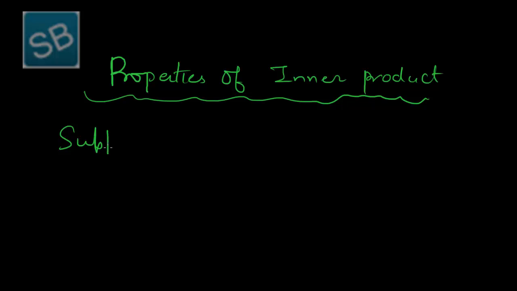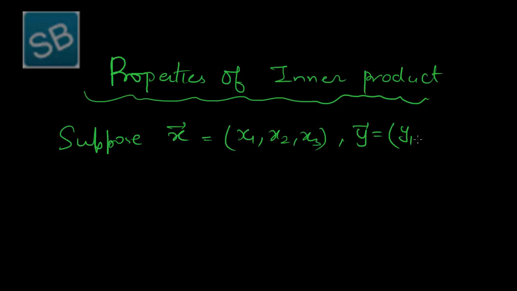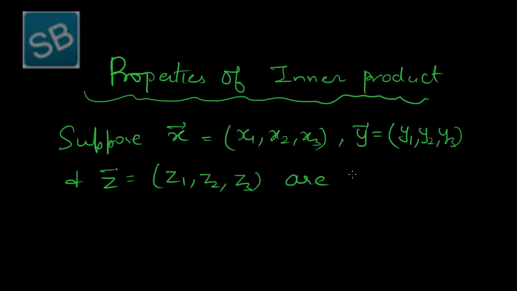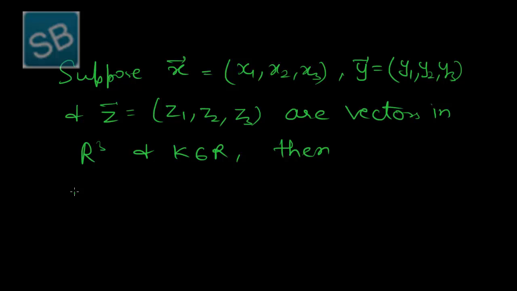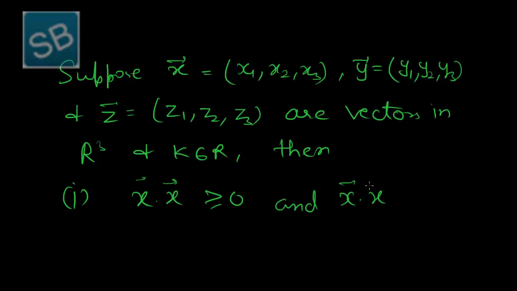First, let vector x is equal to x1, x2, x3, vector y is equal to y1, y2, y3 and vector z is equal to z1, z2, z3 be vectors in R cube and k belongs to R. Then the inner product of a vector with itself is greater than or equal to 0, and x dot x is equal to 0 if and only if vector x is 0.